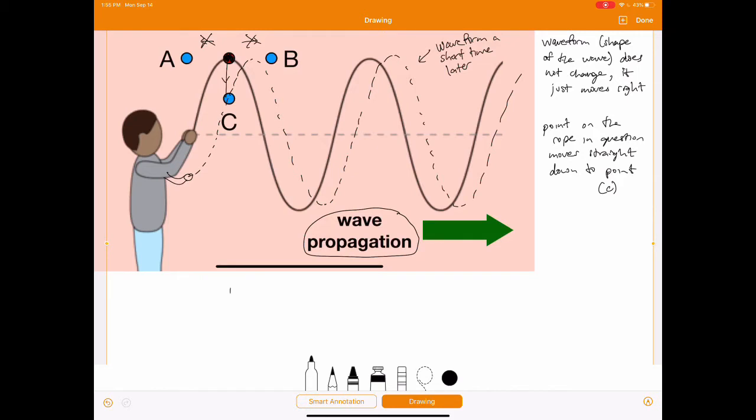Okay, so individual points on the rope are just oscillating up and down. And they don't move large distances.